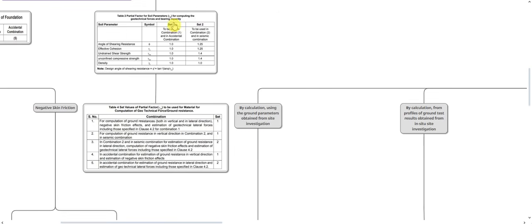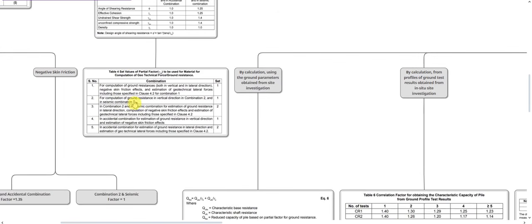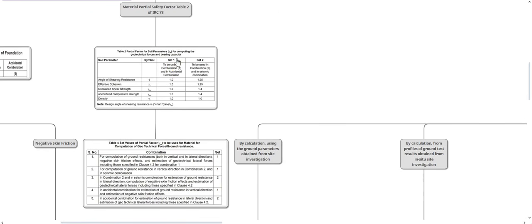Set 1 and set 2 are defined in table 2 of IRC 78 and we have to read table 4 in conjunction with table 2. So for example, for computation of ground resistance in the vertical direction in combination 2 and in seismic combination, we need to refer to set 1, and what set 1 is, is defined in table 2.